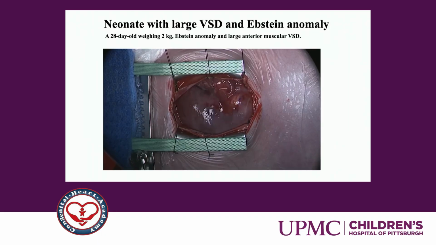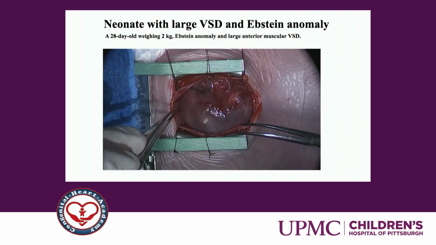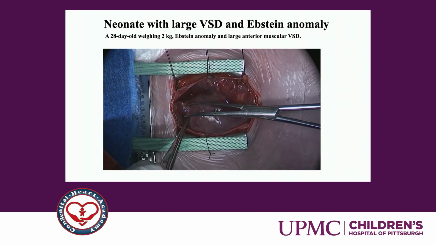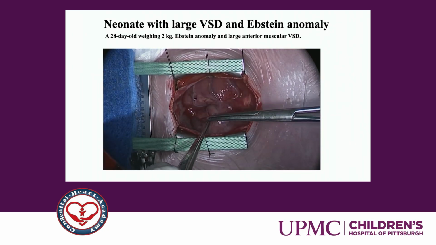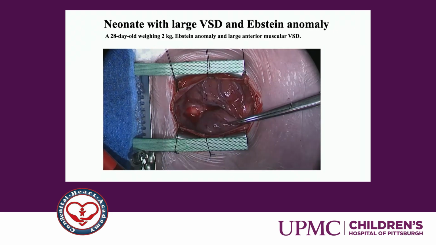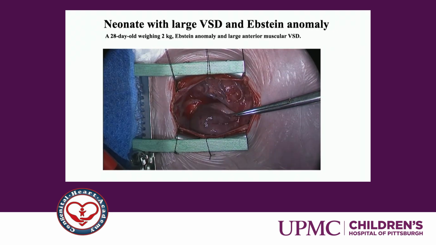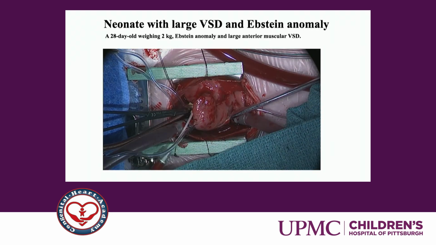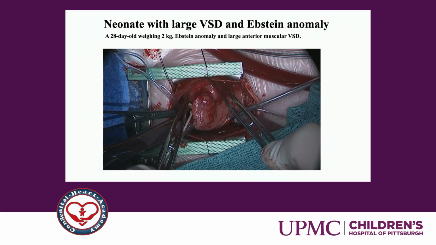So this is intraoperative view, and of course the question is what to do with this patient. Should the patient undergo Starnes procedure and pulmonary artery banding, or should VSD be closed and patient have Starnes procedure, or biventricular repair?